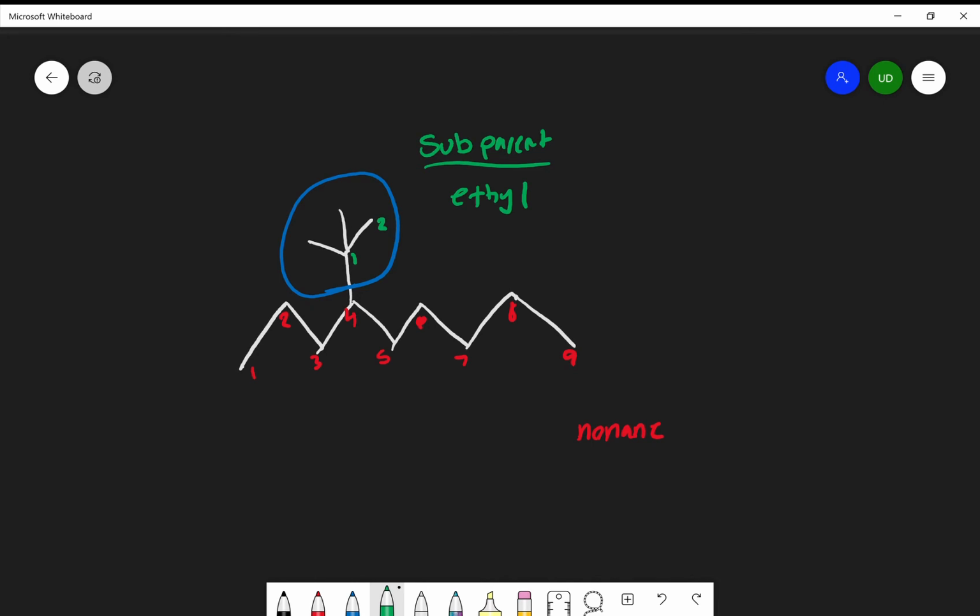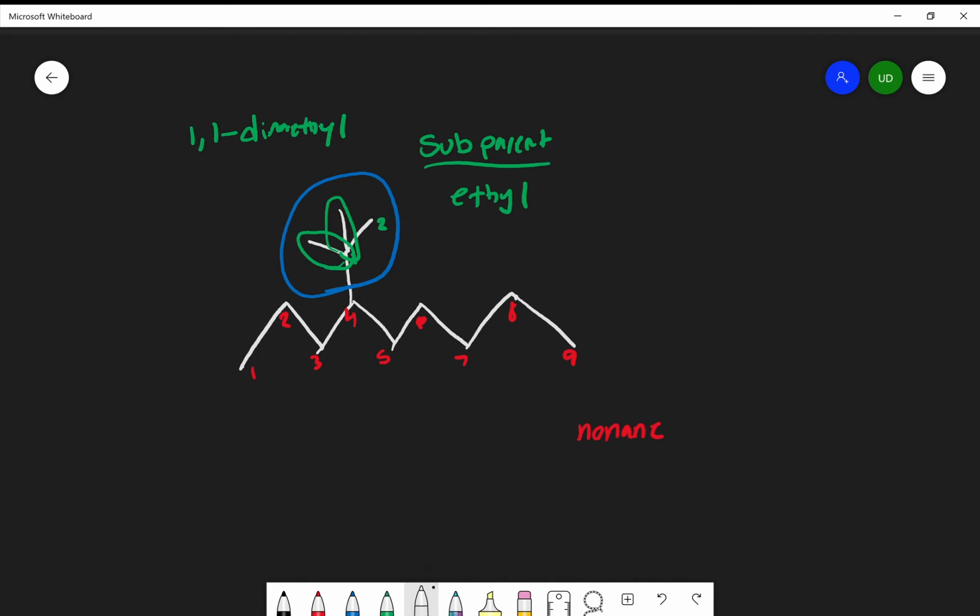And then you would circle the other substituents in this carbon chain. And so you would have 1,1-dimethyl, because there's 2 methyls on carbon number 1, so that's how you would write it.